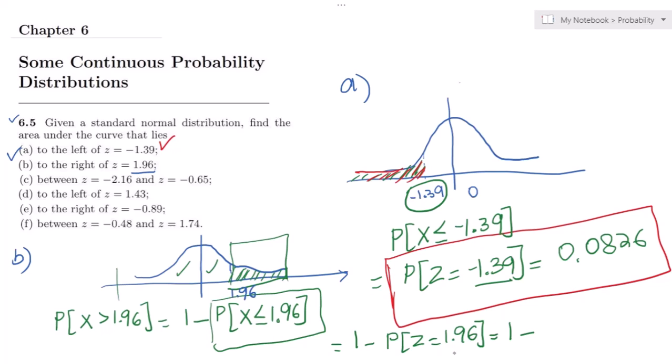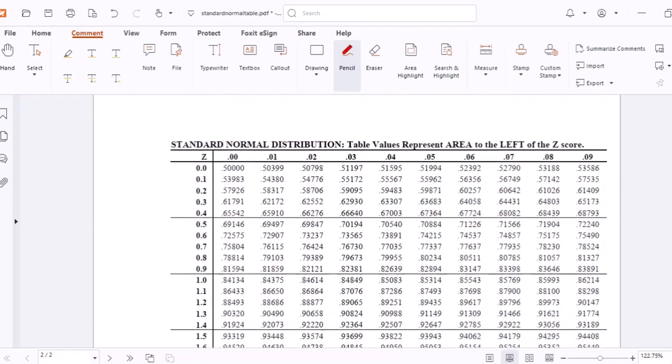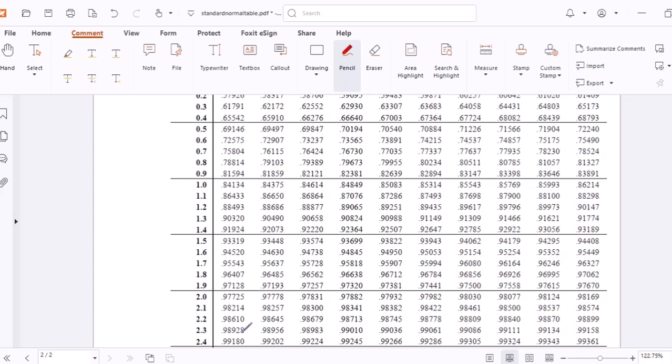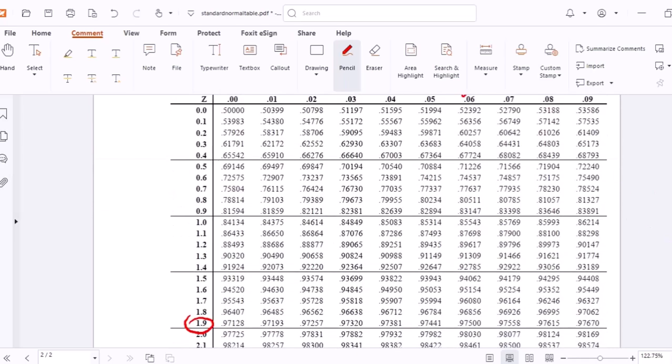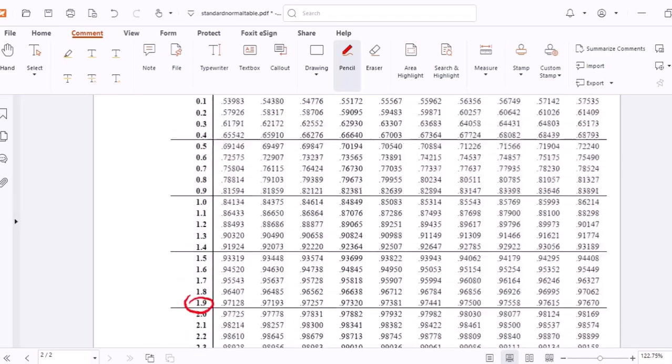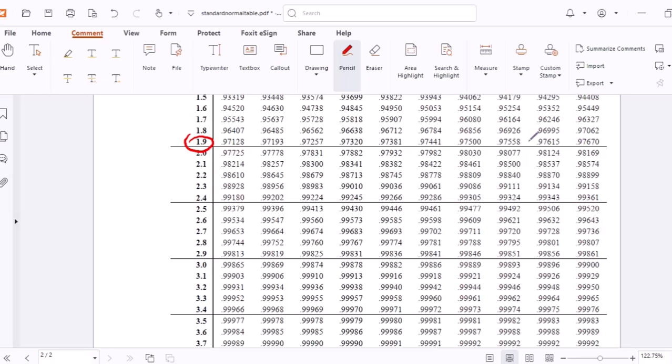Let me consult the z distribution table here as well. So it is 1.96. This is 1.9, and for 6, this is the column, the fourth one from the right side: 1, 2, 3, 4.